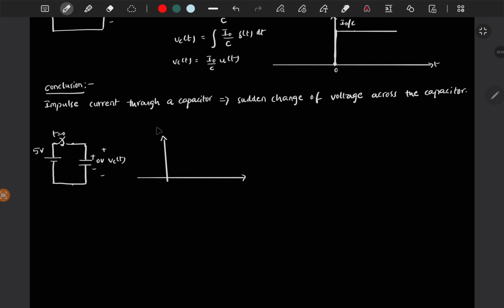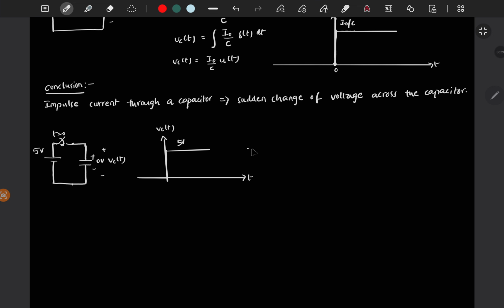Till t is equal to 0, the voltage is 0. Immediately, since we have applied directly to the parallel of the capacitor, it will be 5 volt directly. So how will the capacitor voltage change suddenly here? Because of taking a very, very high current through it.